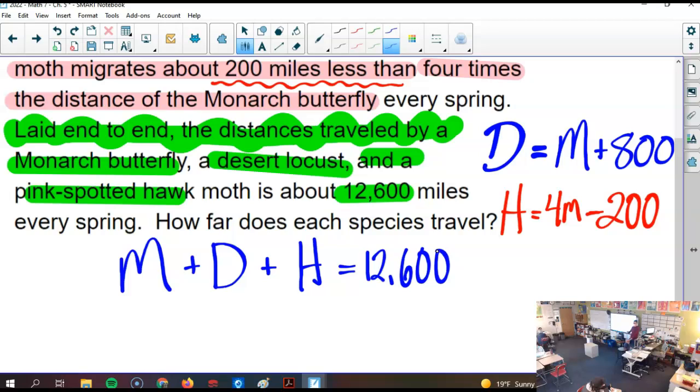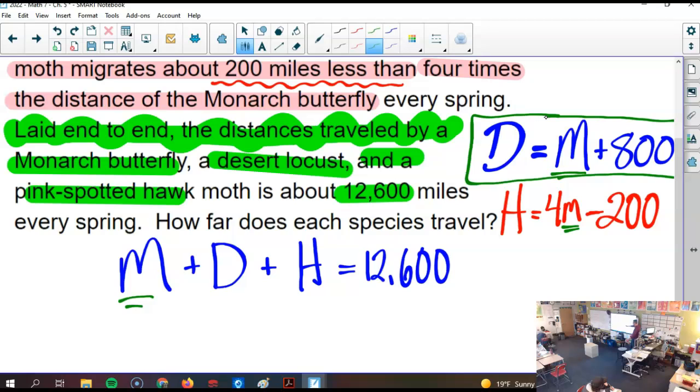What I want to do is replace 2 of those variables with the expressions we just wrote that use the same variable. See how this expression uses M, this expression uses M, and the monarch butterfly already uses M. So where we have D, guys, please keep writing this on your graph paper so you've got an example to look at. Where we have D, we're going to replace it with what we said D equals.